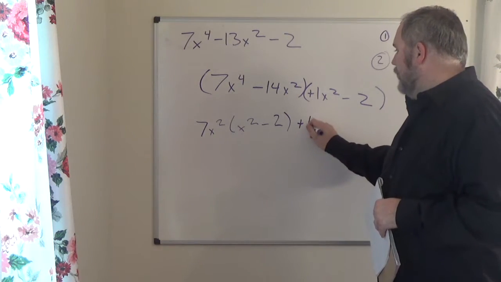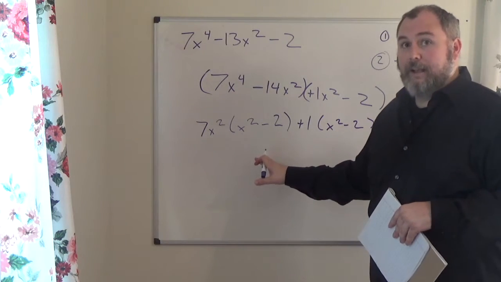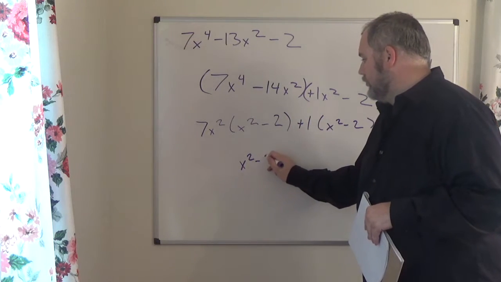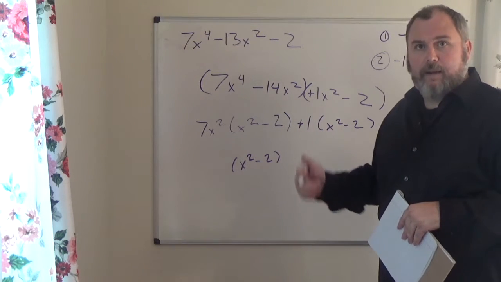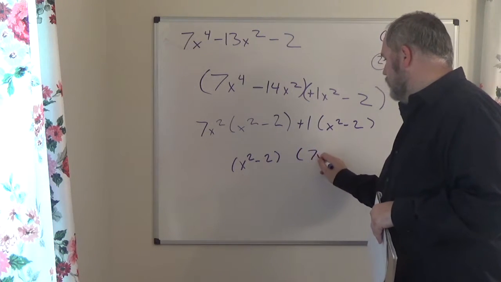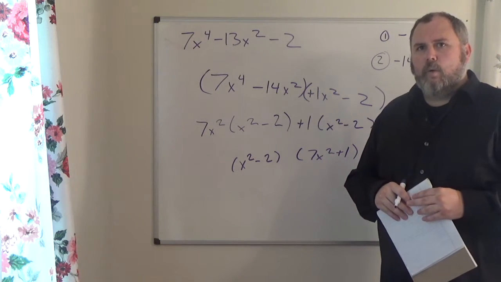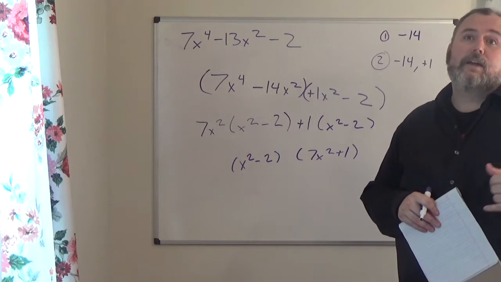So I'm going to factor out the plus 1, and I get x squared minus 2. What happens? Well, things that are alike get written down. Things that are outside on their own, they get married. And there we go.